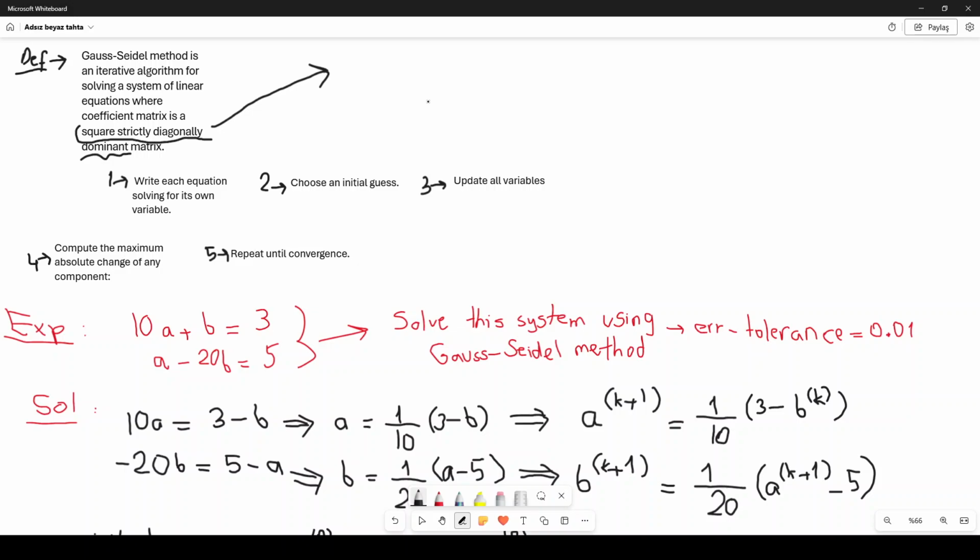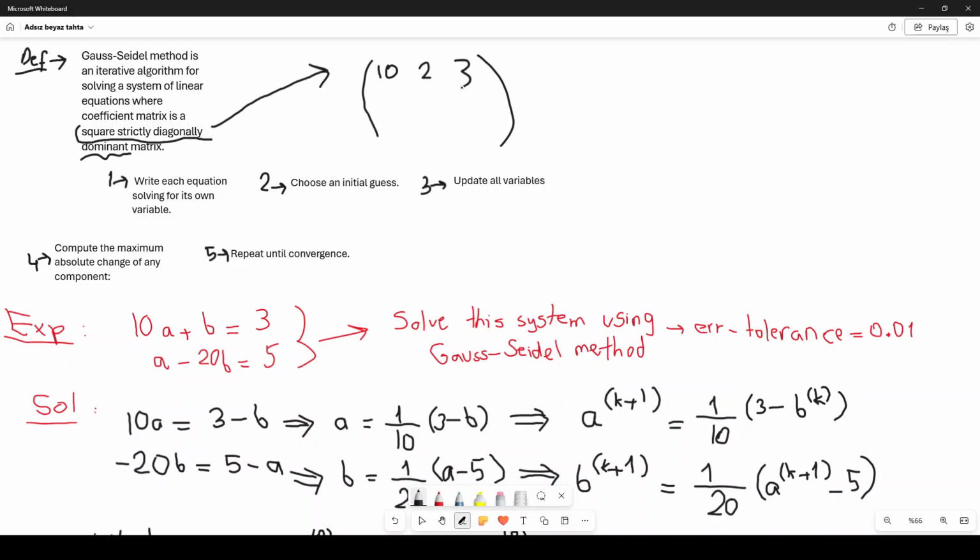And the other thing is, we need to have a strictly diagonally dominant matrix. If you want to define this formally, let's first give an example. So suppose this is our coefficient matrix.